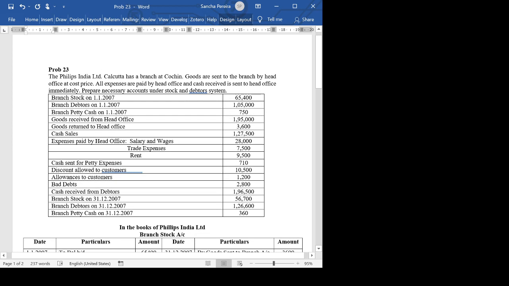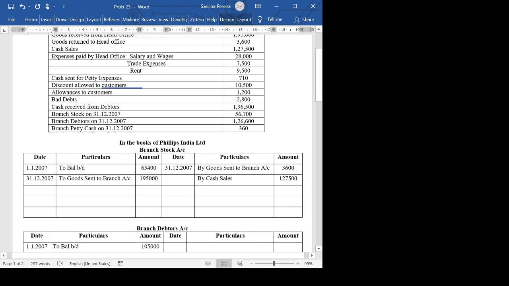Cash sent for petty expenses. So this is the cash that came for the expenses from the head office. These are not the petty cash expenses, but the cash that has been received from the head office.